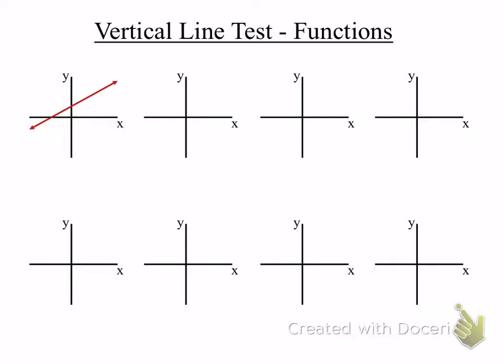So if this is my graph, and I run a vertical line through my graph, you can see that my vertical line never crosses the red line at 2 times in the same moment in time.